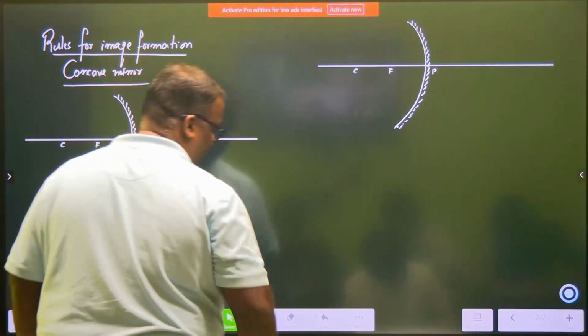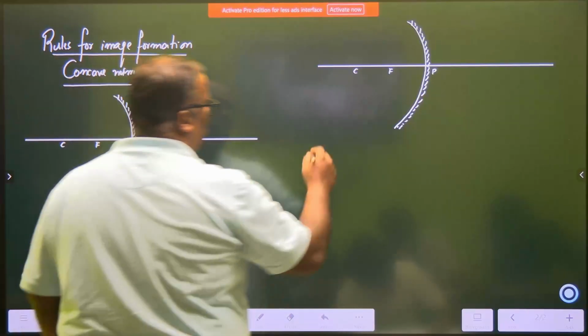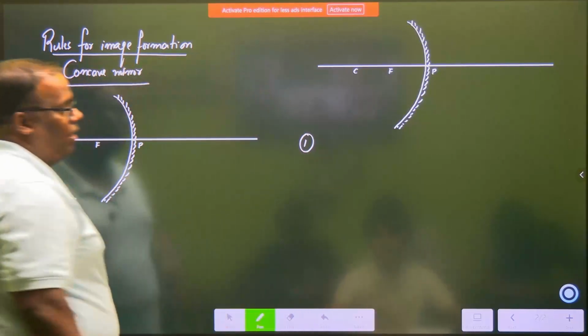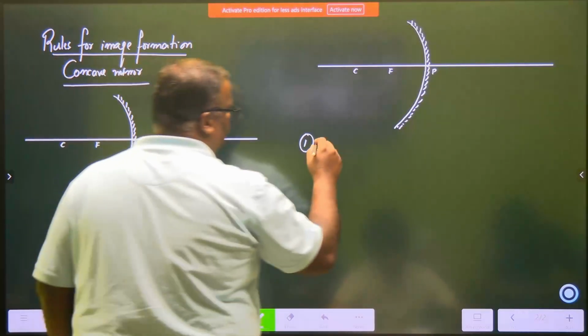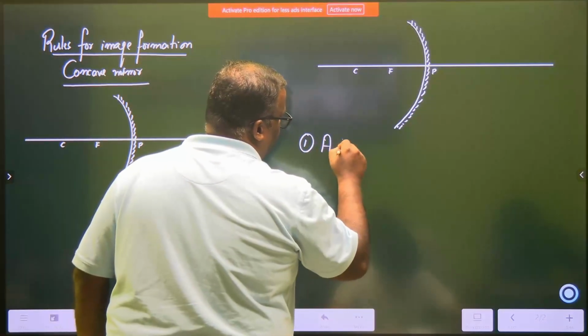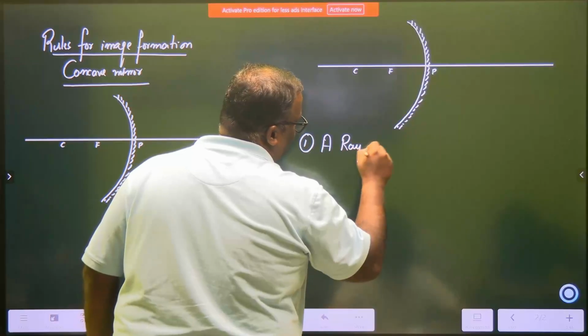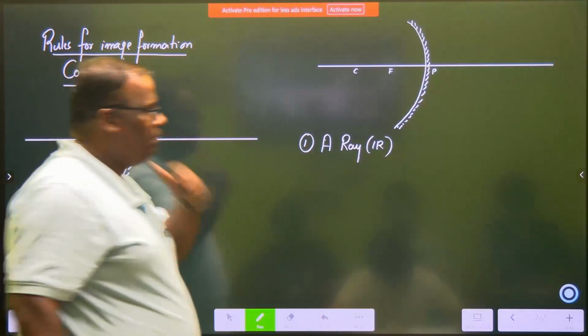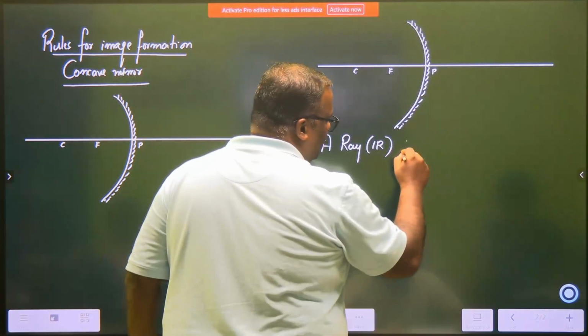Chalo. Rule number 1. Now listen to me how I write it. Rule number 1. IR means this will all be incident ray, IR. Now I'm writing in shorthand.